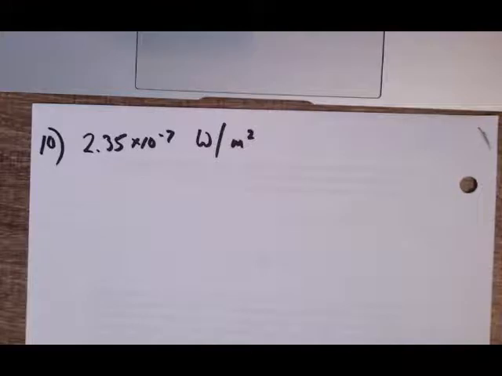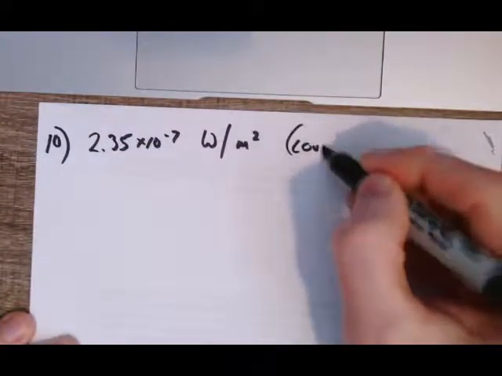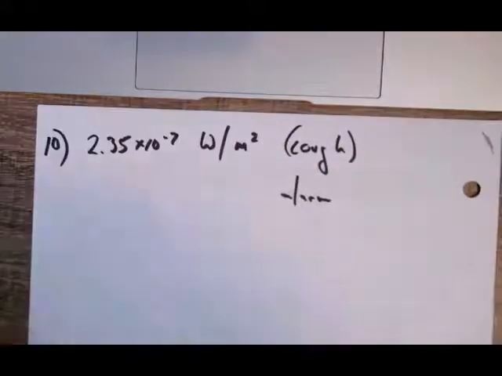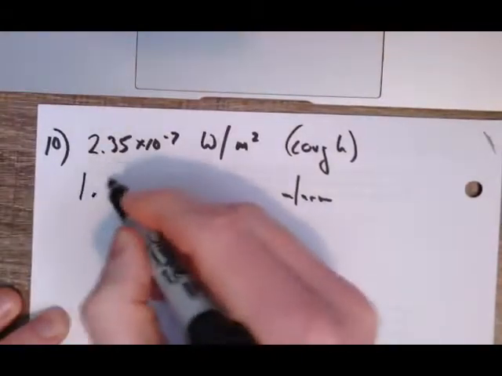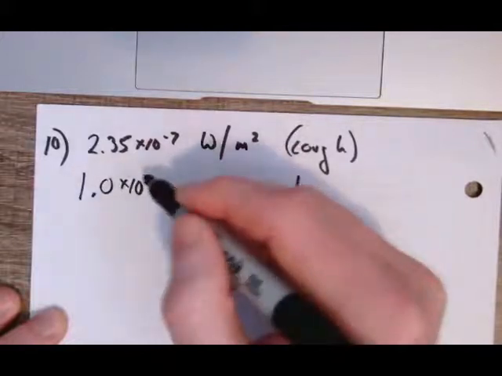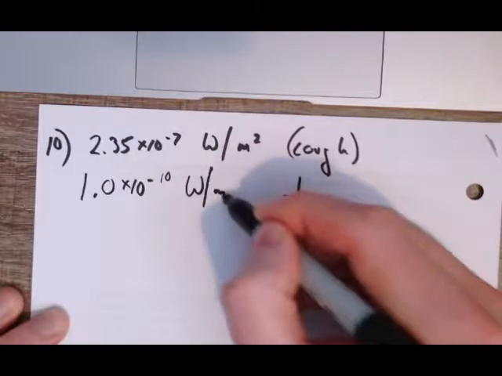Burglar coughs with that intensity. The burglar alarm is sensitive to an intensity of 1.0 times 10 to the negative 10 watts per square meter.